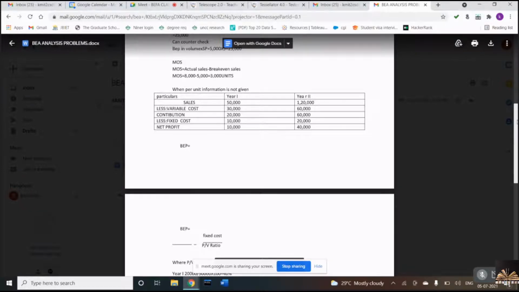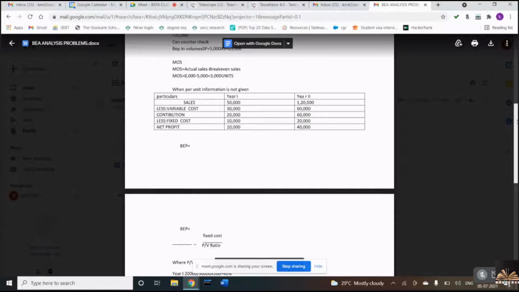Now, can you see the screen? This is how the profit statement would be prepared. When we deduct variable cost from selling price, we get contribution. Let us take year one. Sales are 50,000.